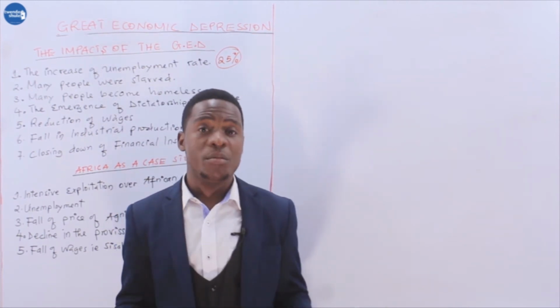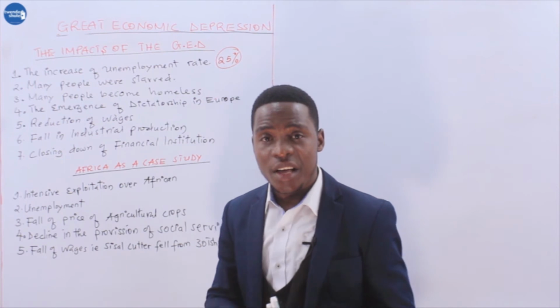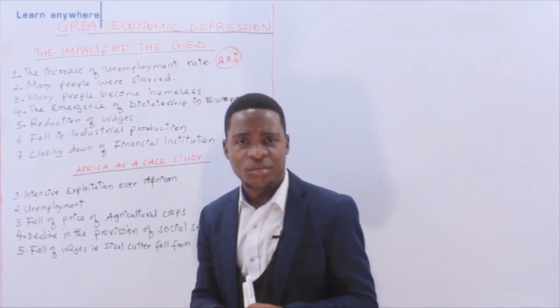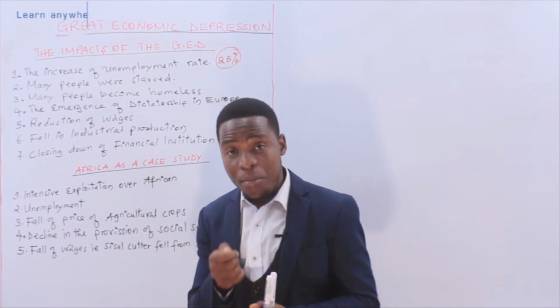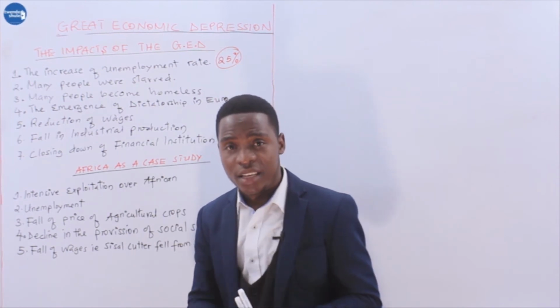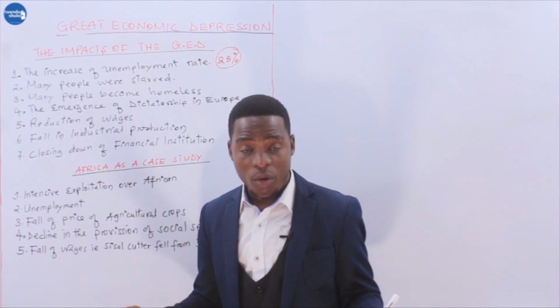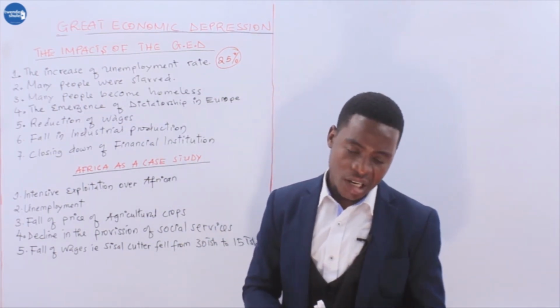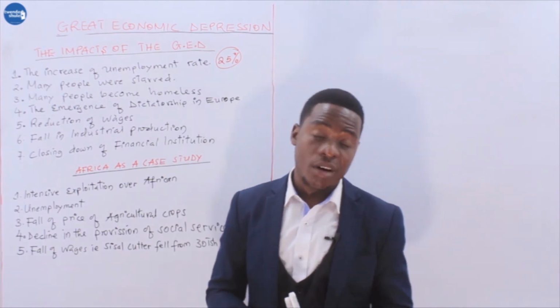Maybe you are paid 1 million and now you are given 500,000. Try to imagine, we are used to a budget of 1 million per month. Then maybe you are working in a certain industry, and the industrial owner comes and says, from today, you are going to receive only 500,000.